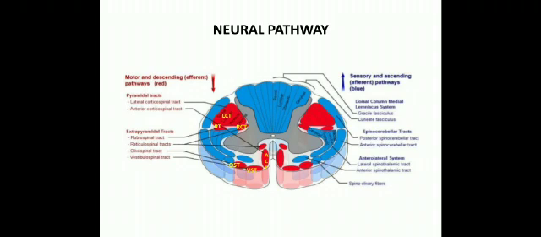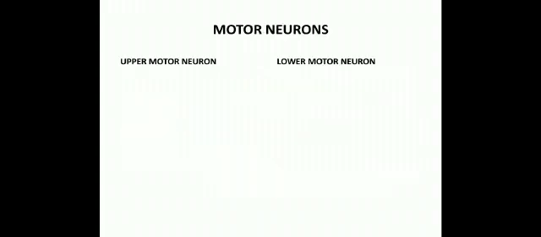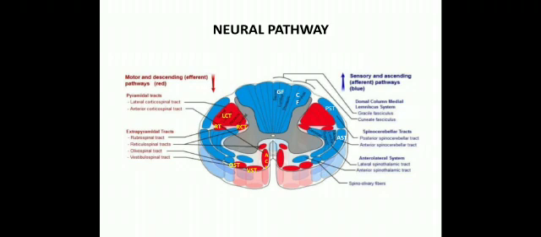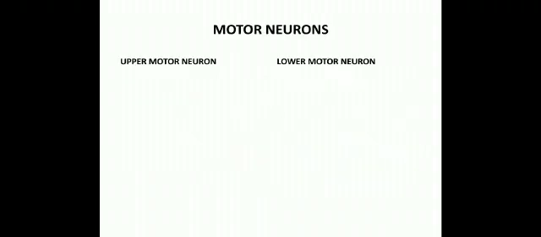The sensory, or ascending, pathways include the gracile fasciculus, the cuneate fasciculus, the posterior spinocerebellar tract and the anterior spinocerebellar tract. Then in the anterolateral system, we have the lateral spinothalamic tract and the anterior spinothalamic tract.